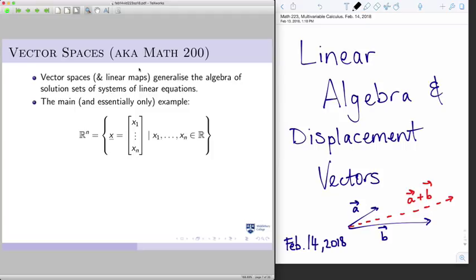This is the collection of all n by 1 column vectors. Remember that a column vector is a column having n entries, and each of those entries is going to be a real number. For example, here are some column vectors in R3 and in R4.